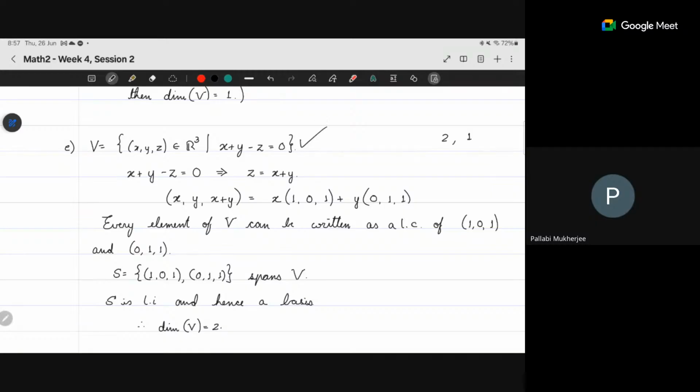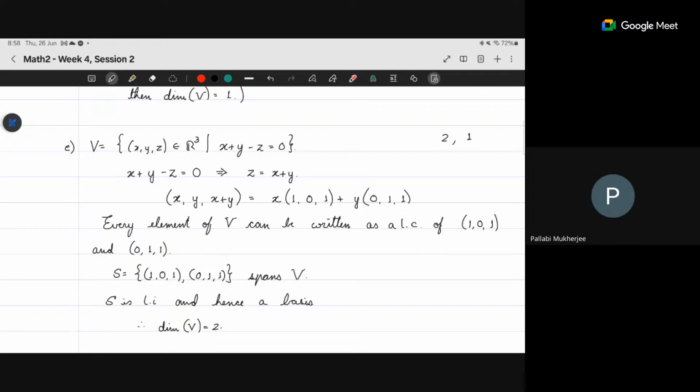My vector space is given by the condition that they are triples x, y, z such that x plus y minus z is equal to 0. I rearrange that, I get z is equal to x plus y. So any typical element would look like this, correct? x, y, x plus y, because z is equal to x plus y. That part is fine.